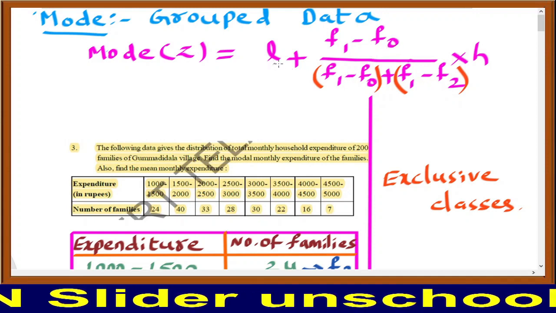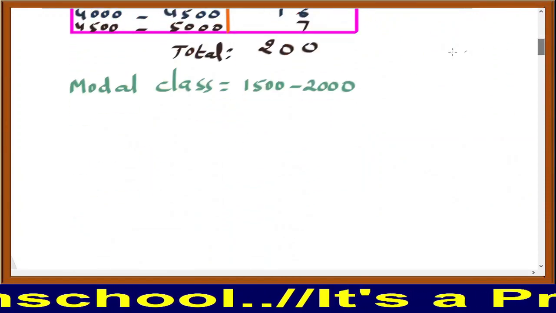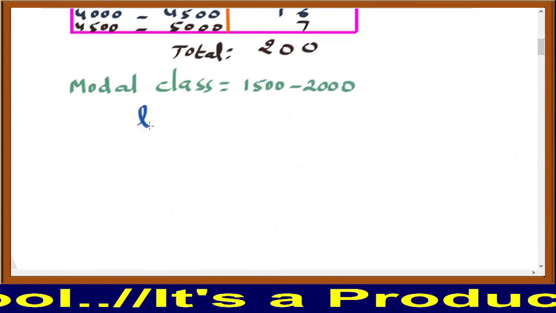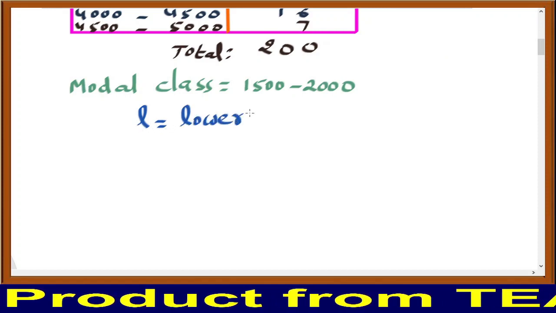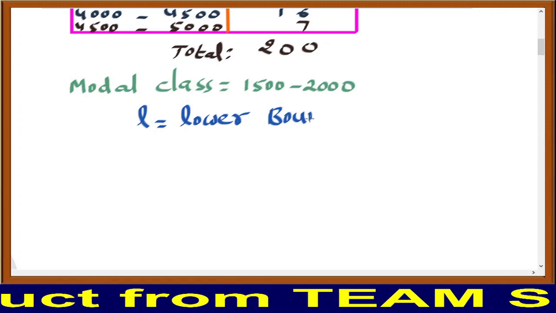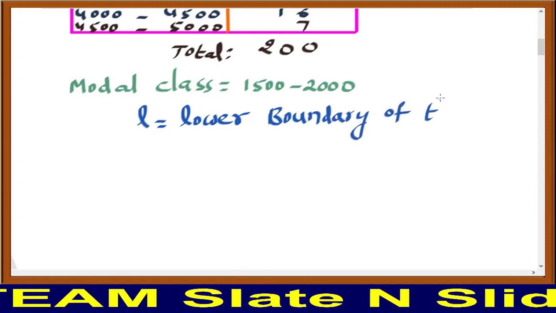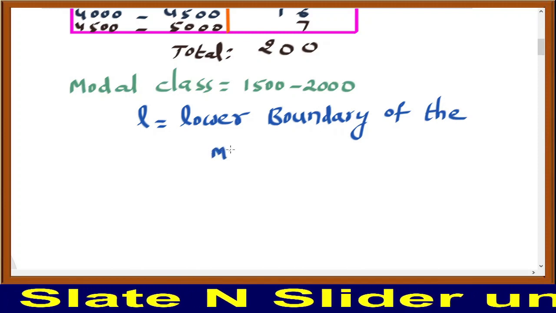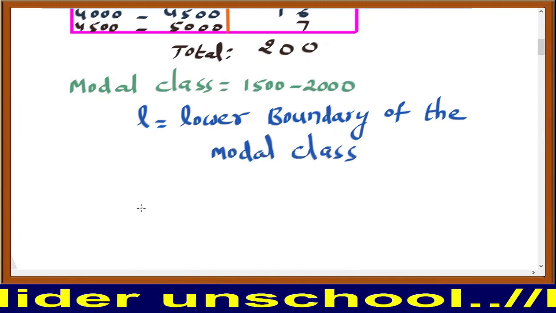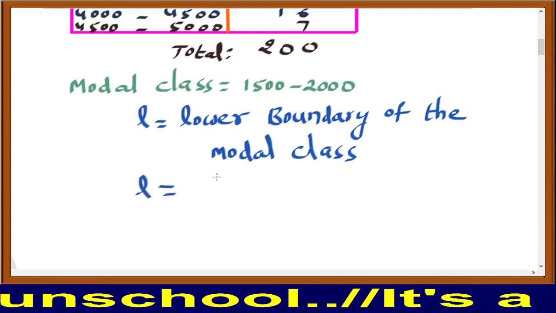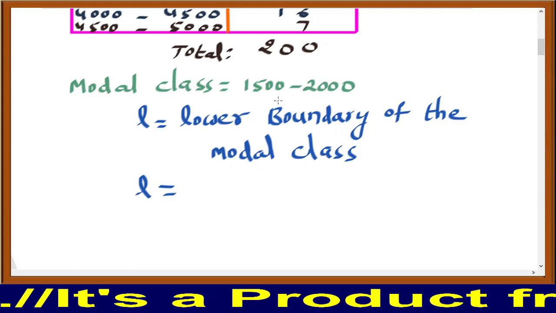We have to find out L and H. How to find out L? What is L? L stands for the lower boundary of the modal class. How to find out the lower boundary of the modal class? For 1500 to 2000 we have to find out the lower boundary.